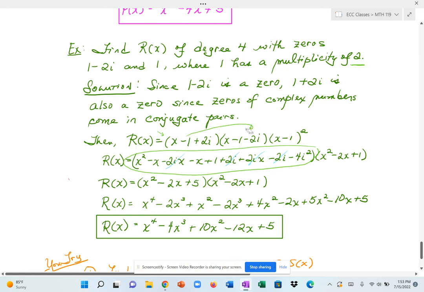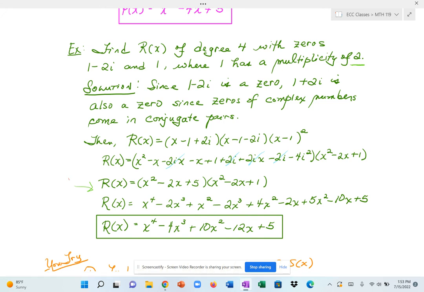That's when you get everything that's inside of the first parentheses. But inside of that first parentheses, again, there were several like terms that canceled each other out, and they are slashed in blue. So when I put it all together and replace the i squared with -1, the first polynomial is x squared minus 2x plus 5, and that now has to get multiplied by the second one, which is x squared minus 2x plus 1. And then we have to repeat that process all over again.